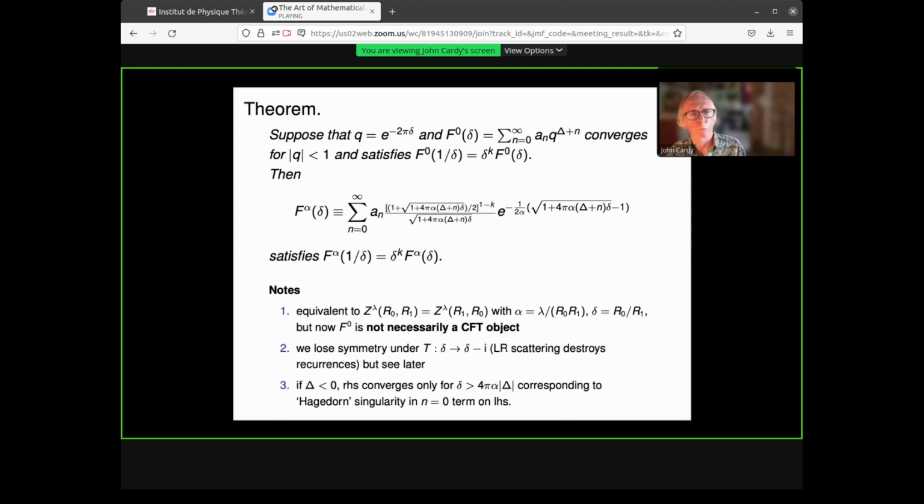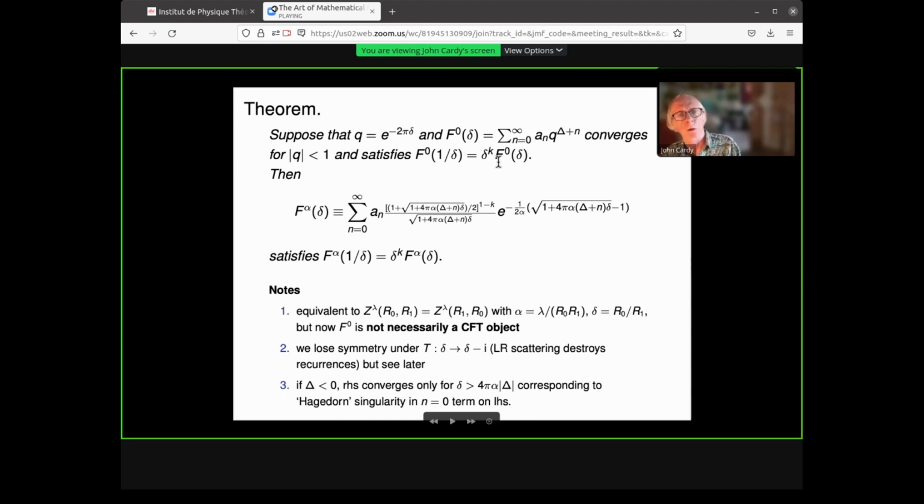I was going to prove it, but I don't think I'll go through that. So as I say, it's more general than anything coming from a conformal field theory. If we take any function, which I call f0, which has an expansion in powers of q like this, which converges for |q| less than 1 and transforms like a modular form of weight k.